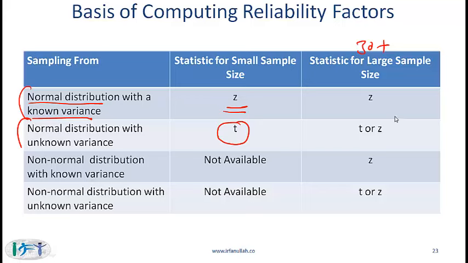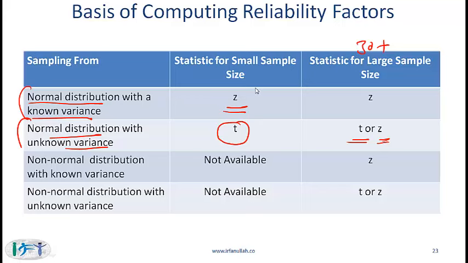If you have a large sample size and this situation, normal distribution, unknown variance, the theoretically appropriate statistic to use is the t statistic, but you can also use the z statistic. For a non-normal distribution with known variance, you cannot make a statistical inference if you have a small sample size.